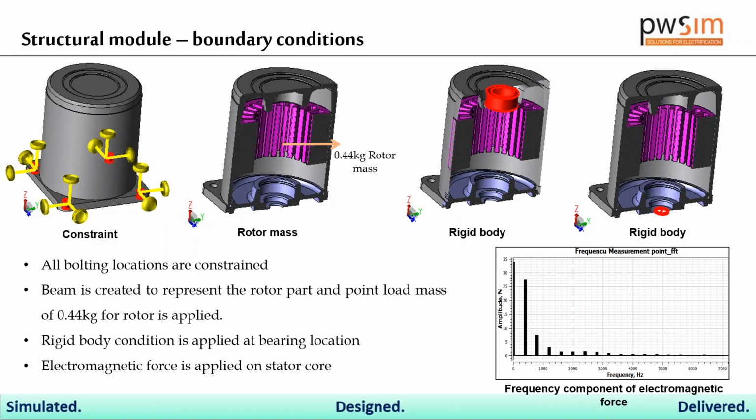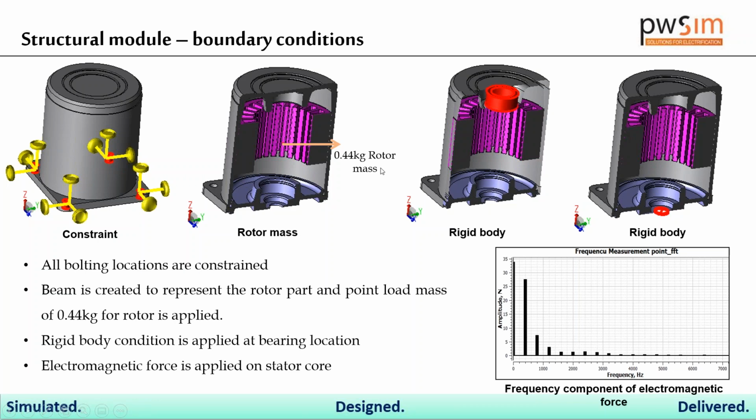Now, if you go further, you can see this structural module simulation. Like I told you, you can see there is a constraint called the all bolting location. So it is bolted from all sides, and a beam is created to represent the rotor part, and a load mass of 0.44 kg.